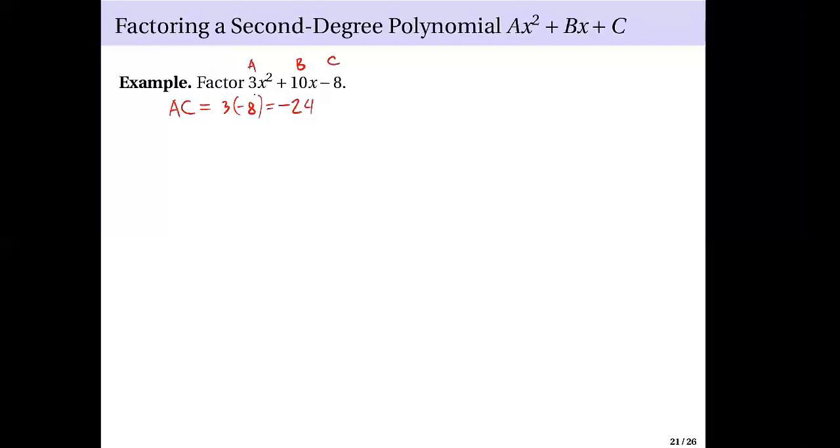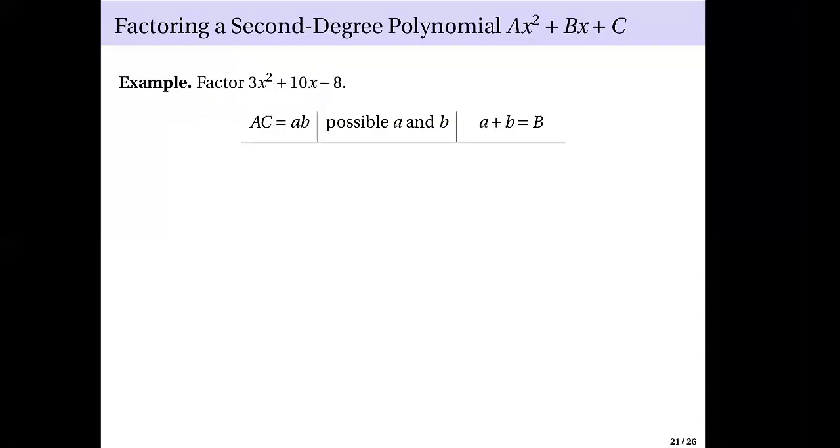Remember that. Now, capital AC must be equal to small a times small b, and if we add small a plus small b, we should get capital B. So remember, capital AC is minus 24. What are the pairs that we need? 1 times negative 24 won't give us capital B, which is 10, so this is not what we need.